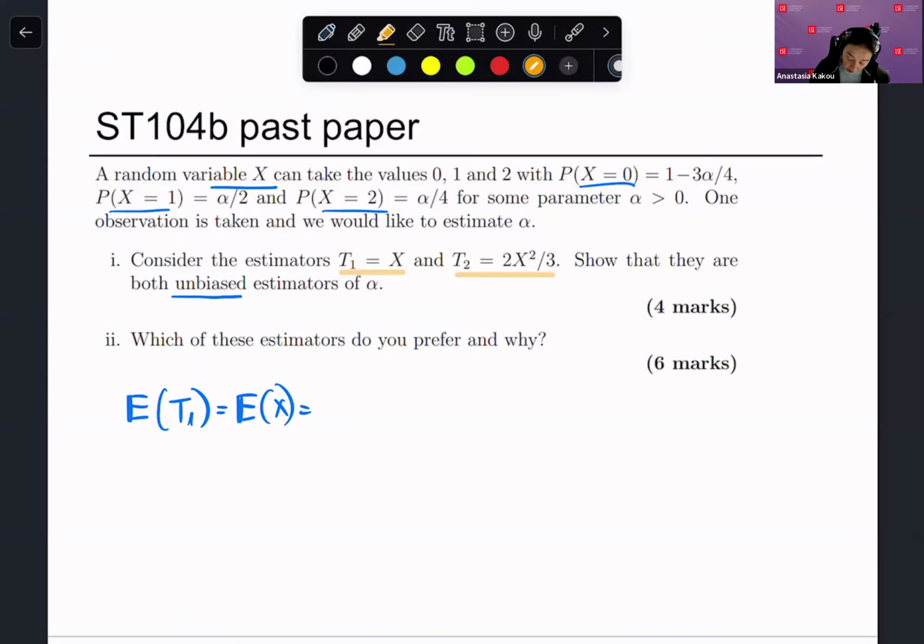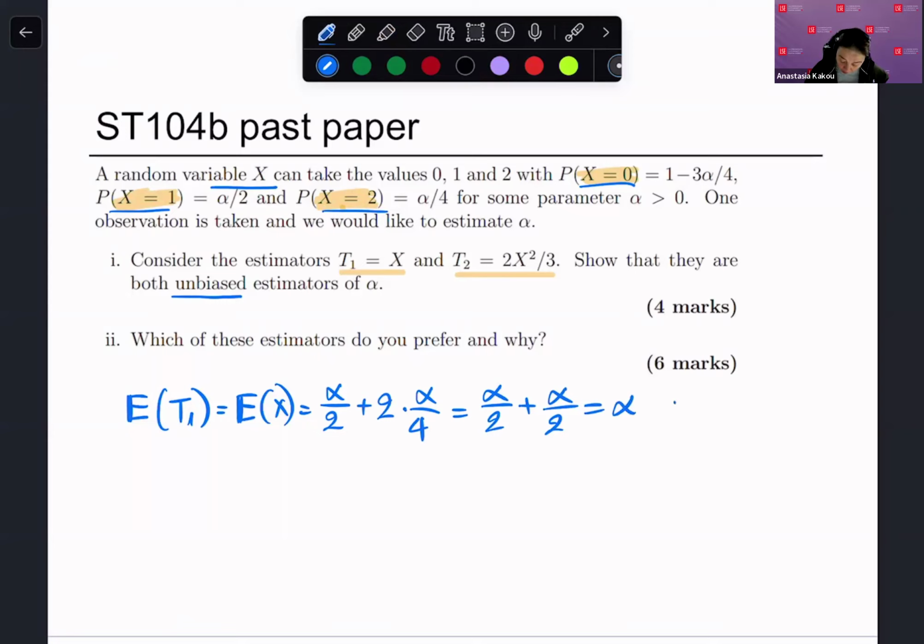Now, x takes the values 0, 1, and 2, which means in that expectation you have 0 times the probability of 0, which gives you 0, 1 times the probability of 1, which gives you alpha half, plus 2 times the probability of 2, which gives you this. So you basically have a half plus a half equals alpha. So we say that T1 is unbiased.